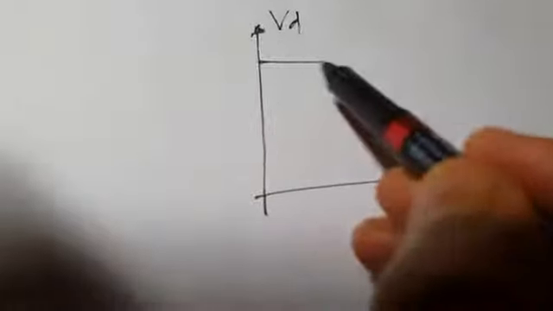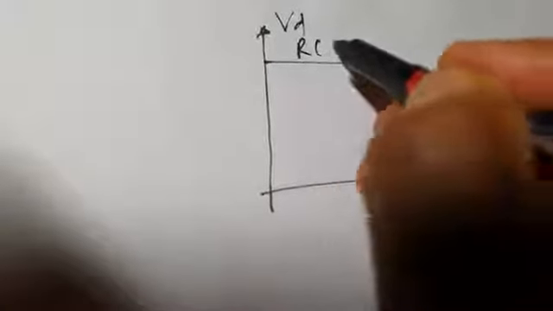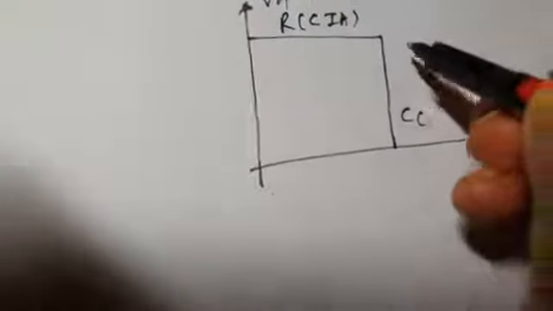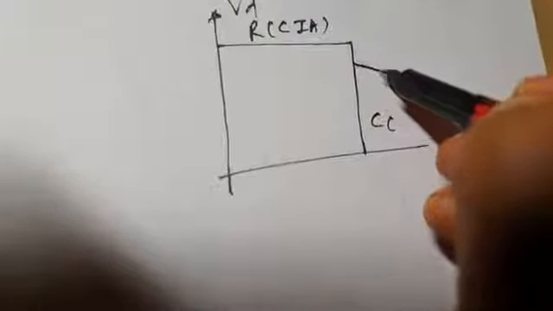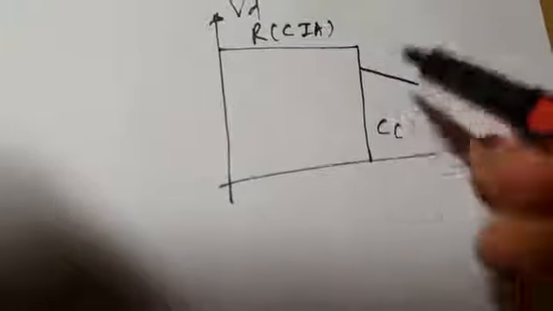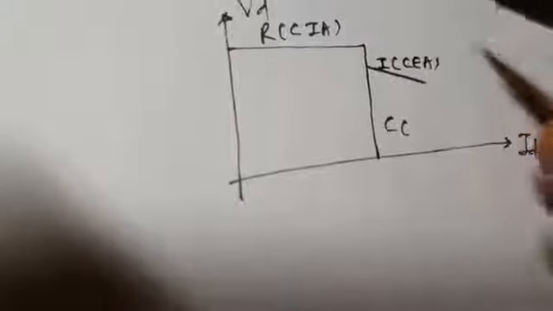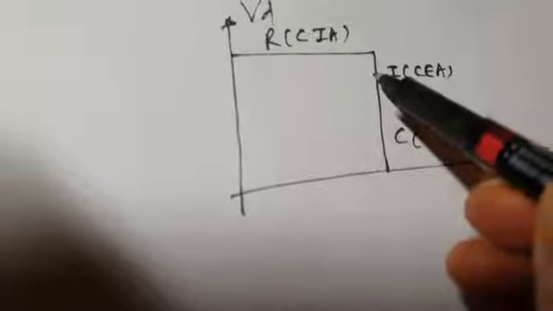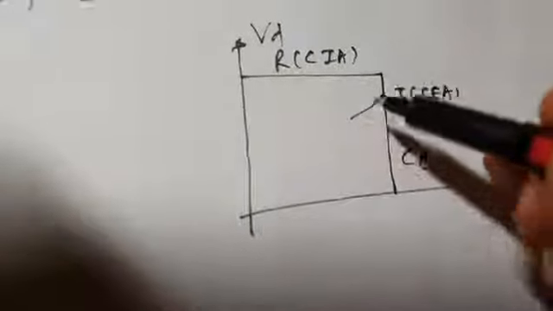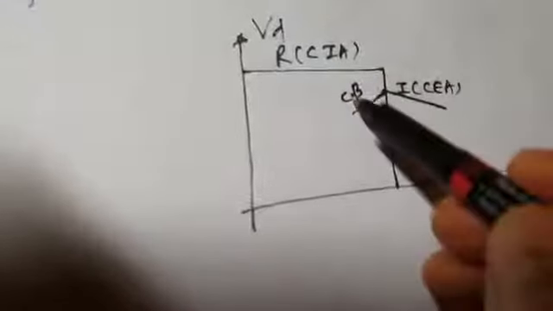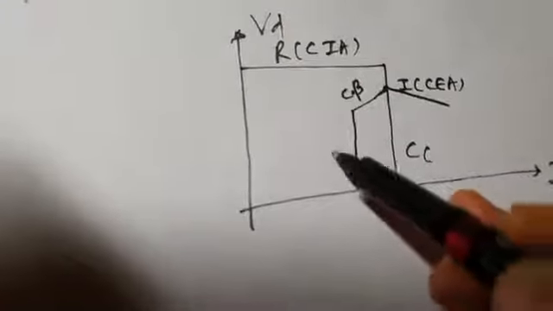This is ID, this is VD, this is the rectifier characteristic comprising of CIA and CC, and this is the inverter characteristic. Now we will again assume the inverter characteristic has become slopey because of a drop in the inverter side voltage. This is the inverter characteristic CEA, and then from here to here we introduce C beta control. C beta control means constant beta control, and then constant current control.